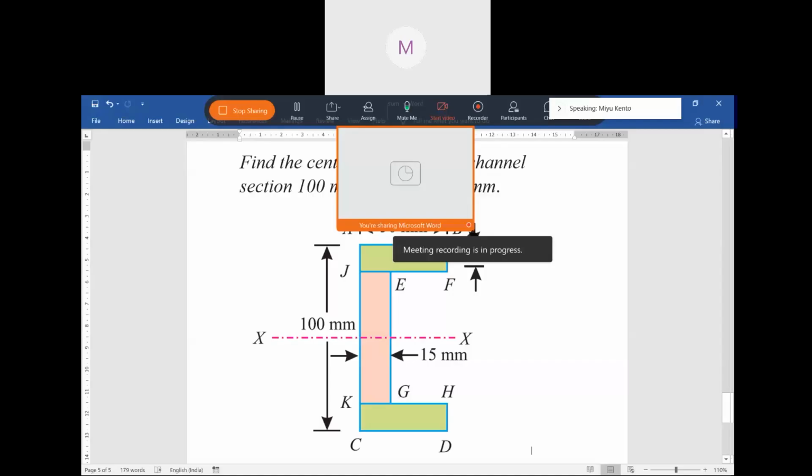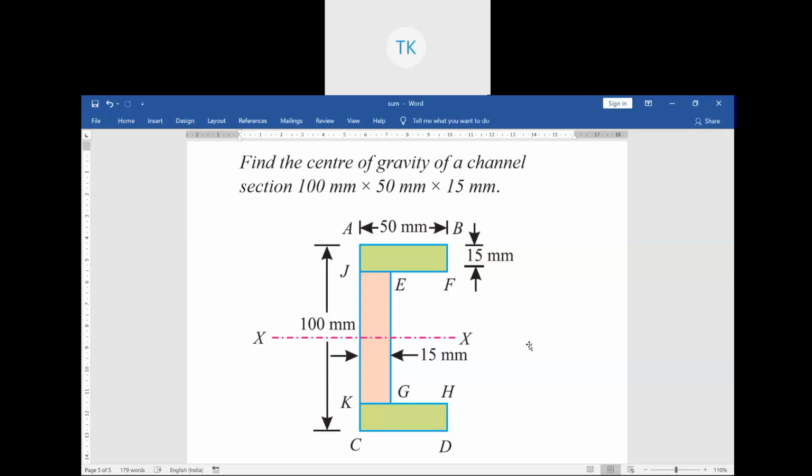Take a screenshot of this. Can you see the numerical now? Nothing, sir. No, we can't see anything. I've shared my screen actually. Why are you not able to see? Now, yes, now, sir. Okay.